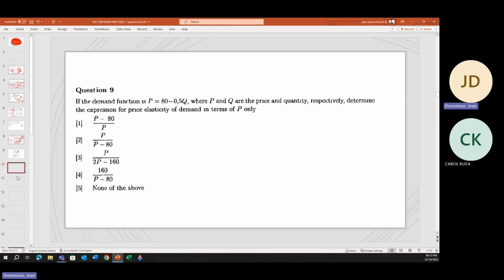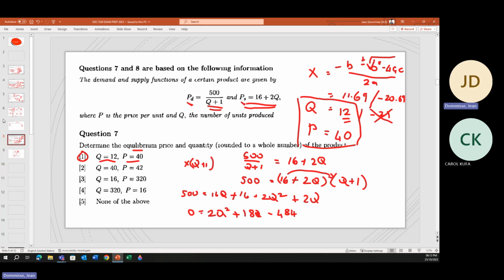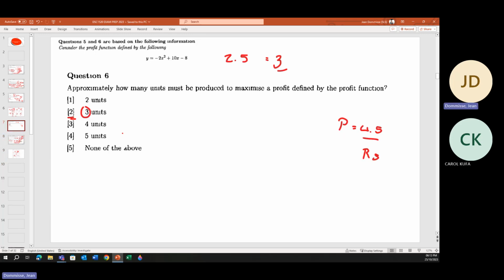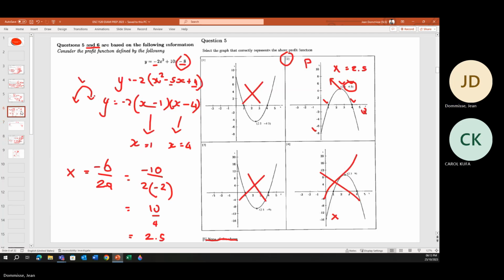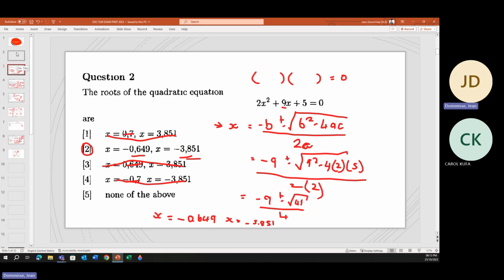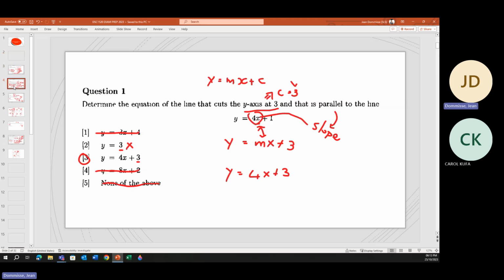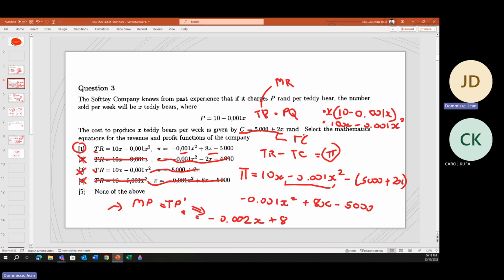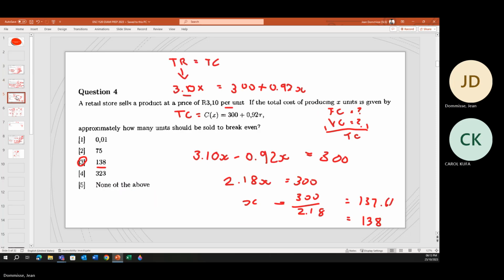So before we go to the next one, just two things. When you are working with total revenue and, okay, break even, and they might ask that for definition purposes somewhere.